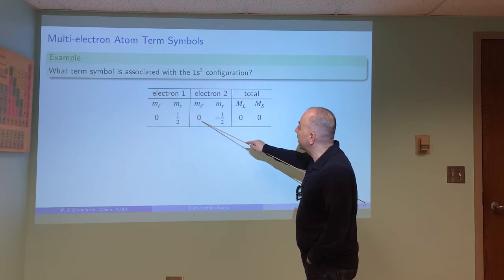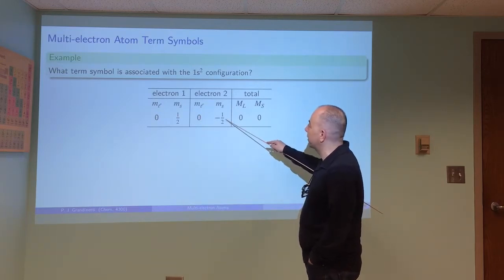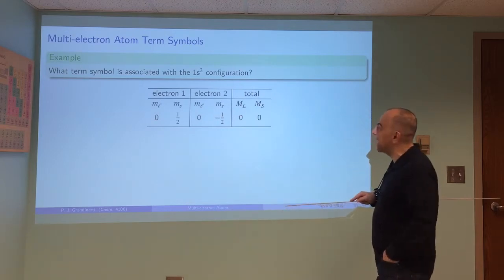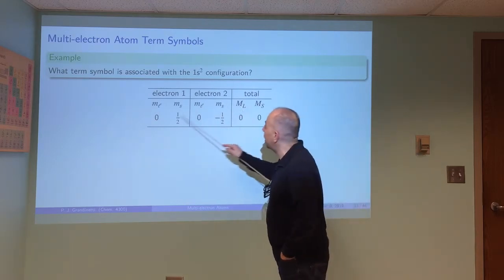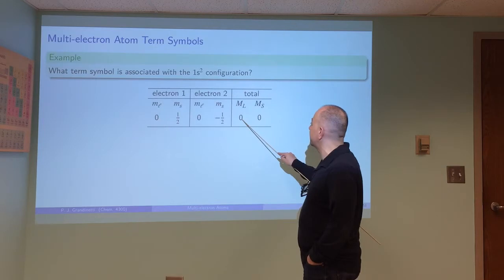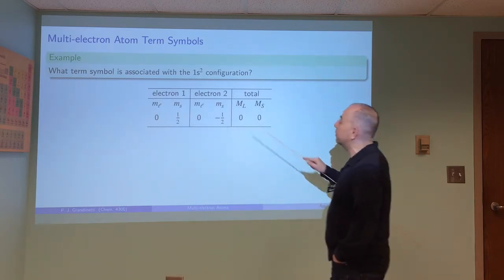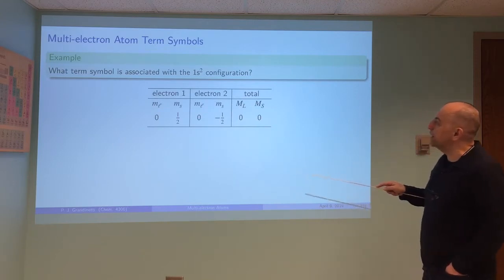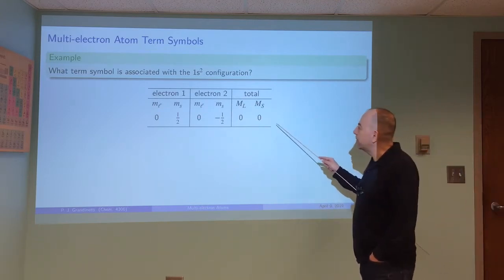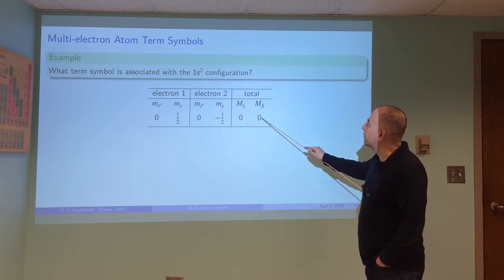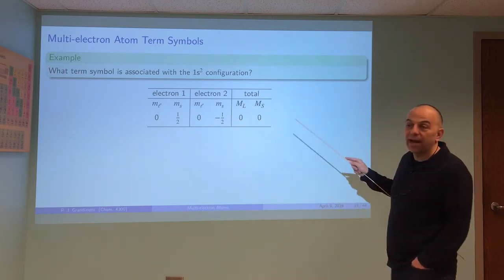The second electron has an m sub L equal to 0, and of course, Pauli's exclusion principle tells us this one has to have an m sub S value of minus half. And if I calculate M_L total, 0 plus 0 gives me 0. If I calculate M_S total, I get half plus minus half equals 0. So that tells me that whatever the term that's associated with this configuration, it has to have m sub L of 0 and m sub S of 0, and that's all we have.